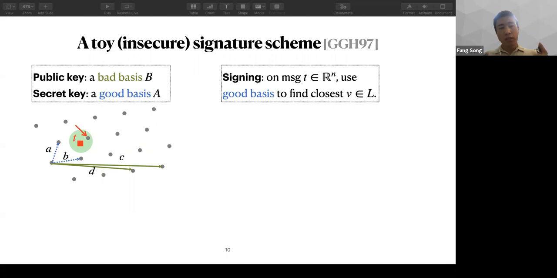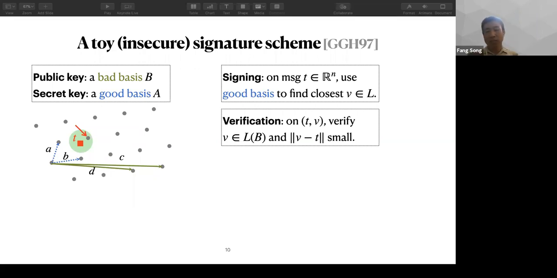So we're gonna use the good basis to find the closest vector V in the lattice, and that's gonna be our signature on this message T. And when the receiver receives the message T and the signature, which is the vector V, the receiver is just gonna verify that the signature V is indeed in the lattice, and then the distance between the message and the signature is indeed small. And this all can be done by the bad basis, which is the public key.